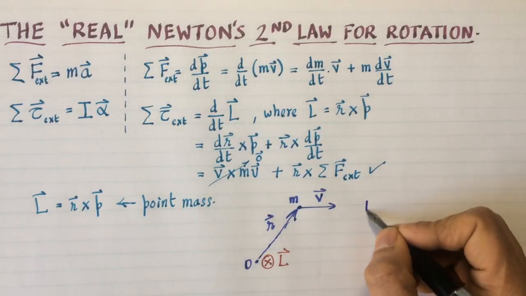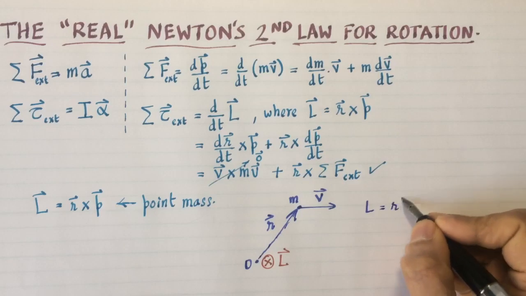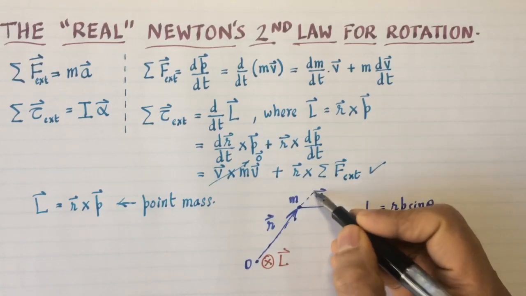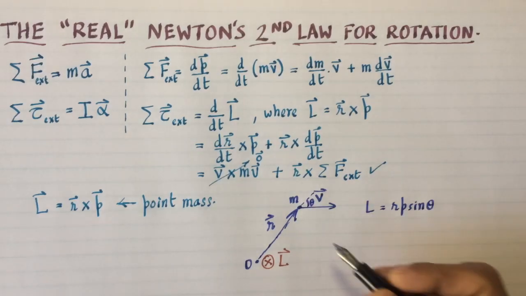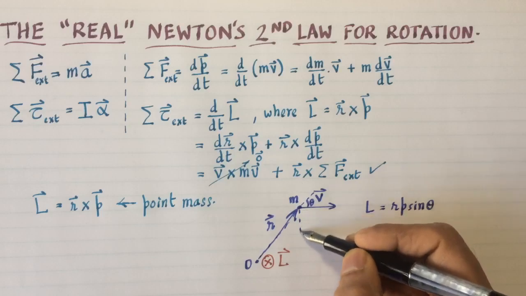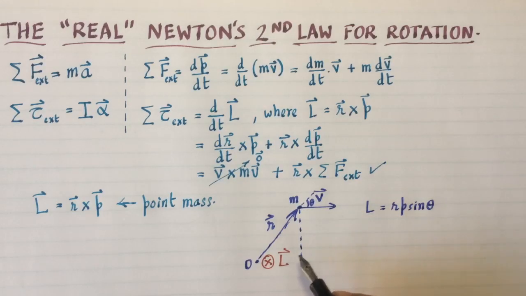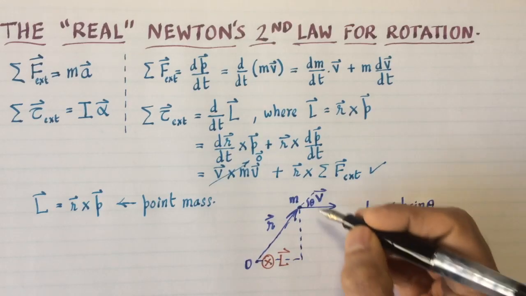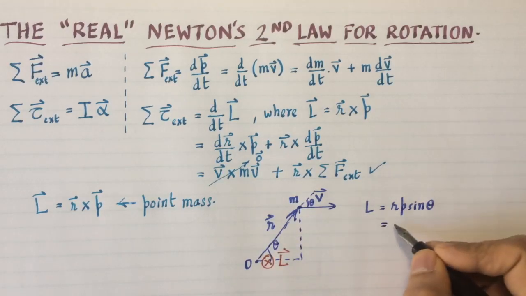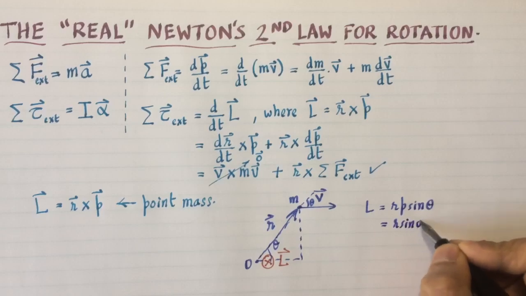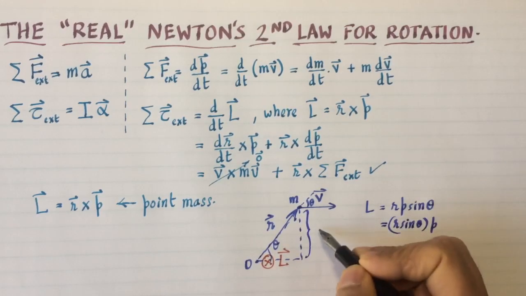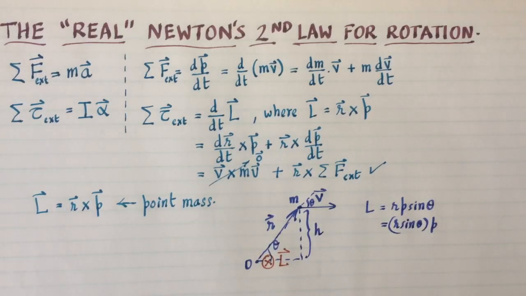Now what about the magnitude? The magnitude of the angular momentum is going to be r p sine theta, where theta is this angle here. I'm going to write this in a little interesting way. If this angle is theta, then this can also be written as r sine theta times p. And r times sine theta is precisely the height of the object.